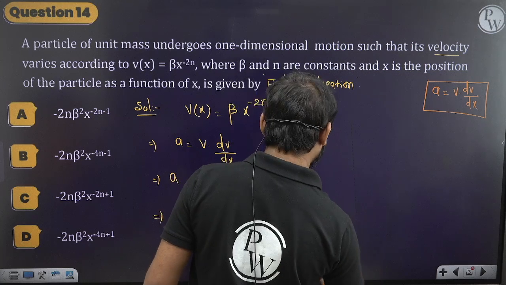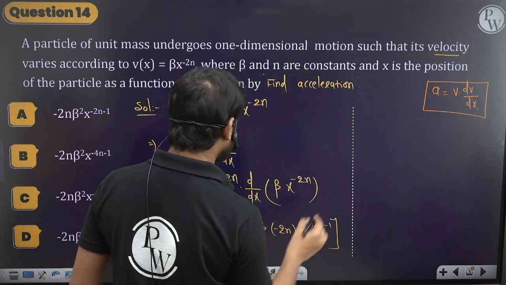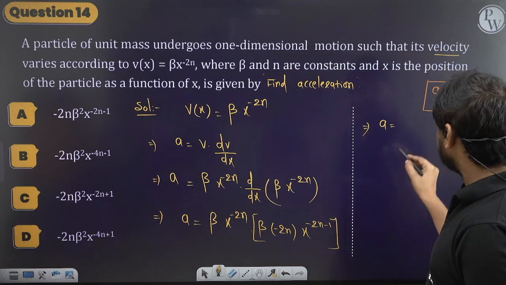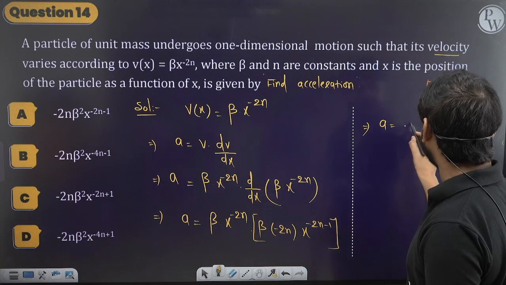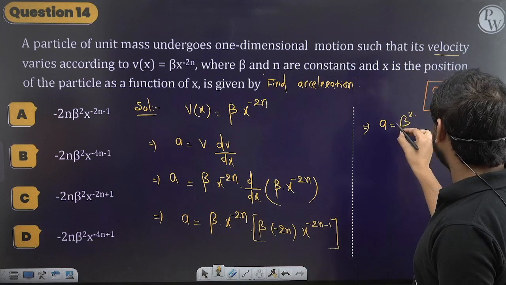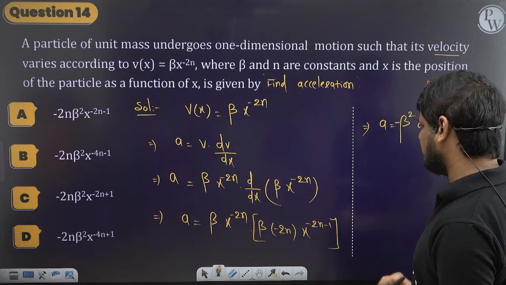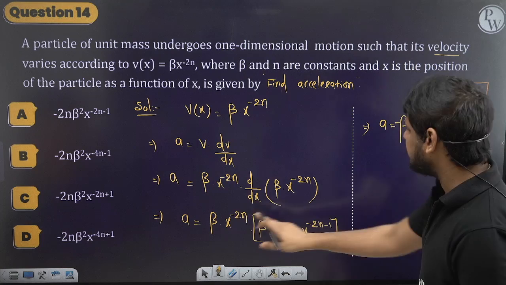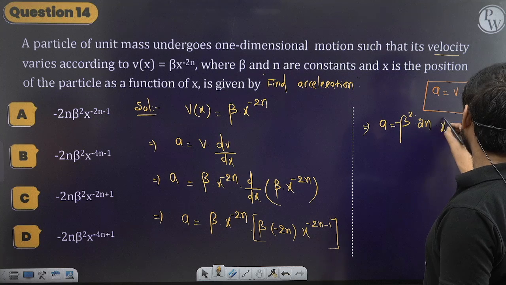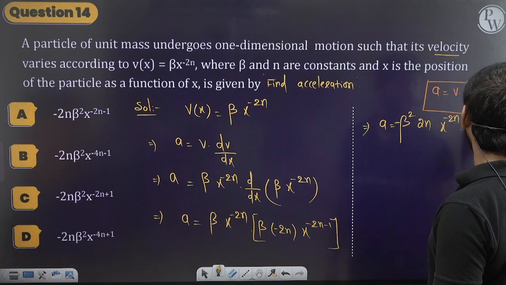Pause the video and do along with me. Acceleration is equal to beta times beta, so beta square, outside, with a minus in the start: minus 2n beta square times x to the power minus 2n into x to the power minus 2n minus 1.